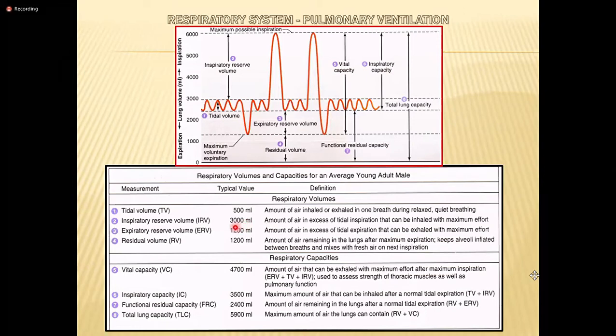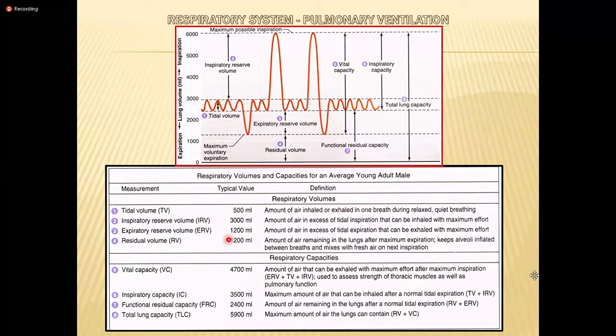And that is 3000 ml. It's quite a big amount. That means you can really inspire some more. That is your inspiratory reserve volume, 3000 ml.